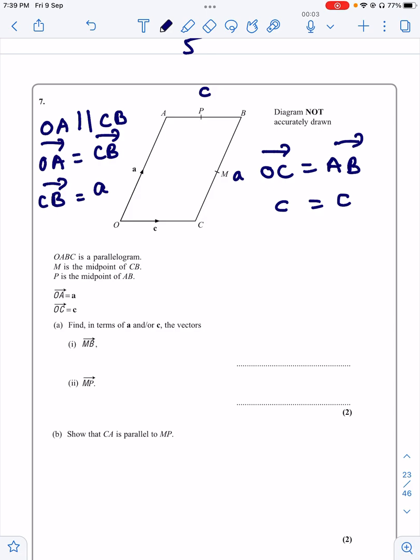Initially, we are just doing some basic questions which will make your concepts of vectors more precise and you'll be able to understand. So always start from basic to advanced.